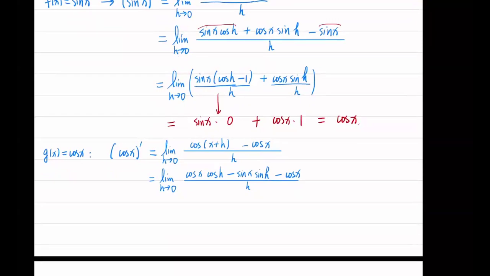Sophia, how do you group these three terms? U factor cosine h. Yeah, so these two have cosine, so it will be cosine h minus 1.